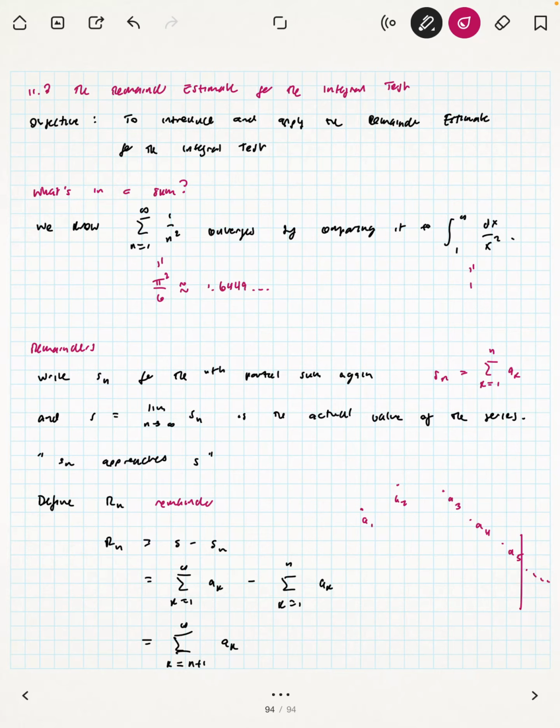We know that it goes on forever, and we stop right here. Whatever we have at that point is as close as we're going to get. Then the remainder estimate gives us a very nice set of inequalities that bounds the remainder, and as a consequence, it also gives us a really good estimate for the sum of the series itself.